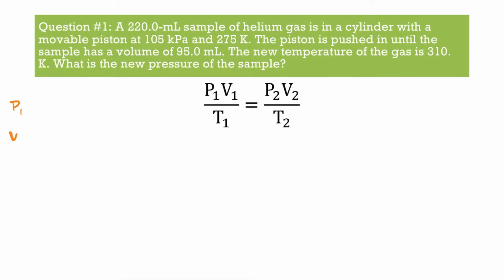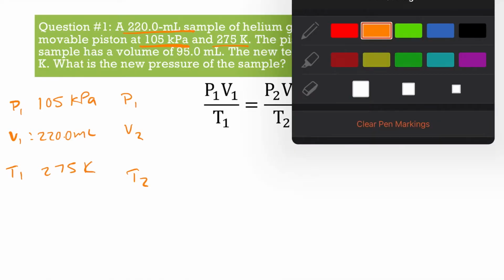So again, your first step would be to write down your knowns and unknowns. So now we're going to have all three of them. Looking at this, 220 mL is going to be our volume 1. With a movable piston at 105 kPa, that is our pressure 1. And 275 K, that is our T1.